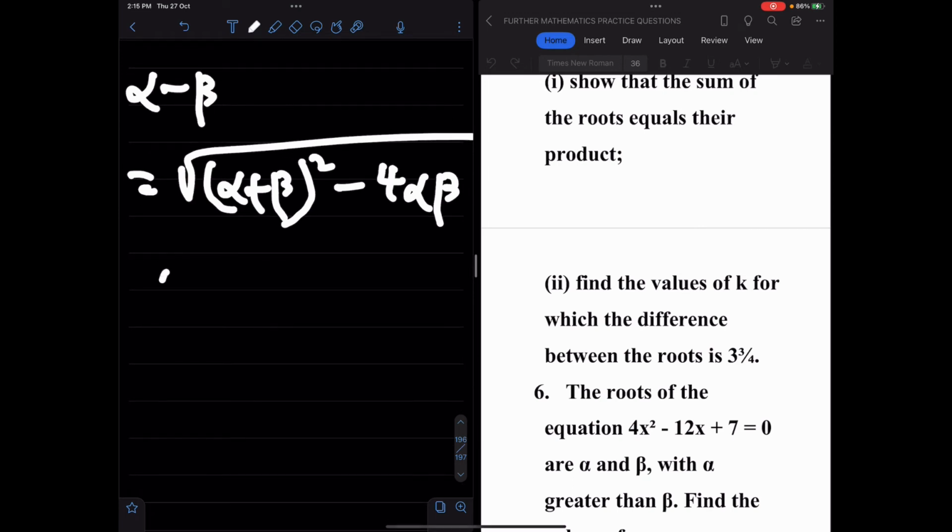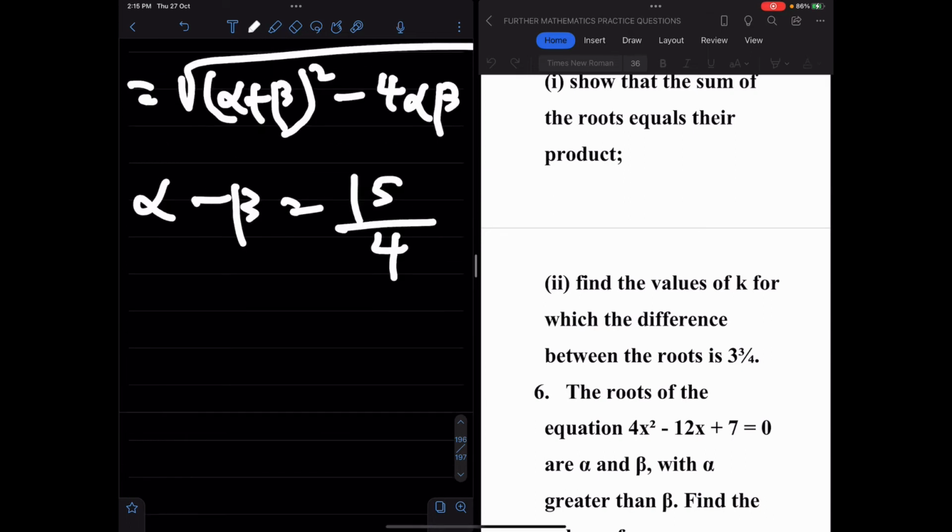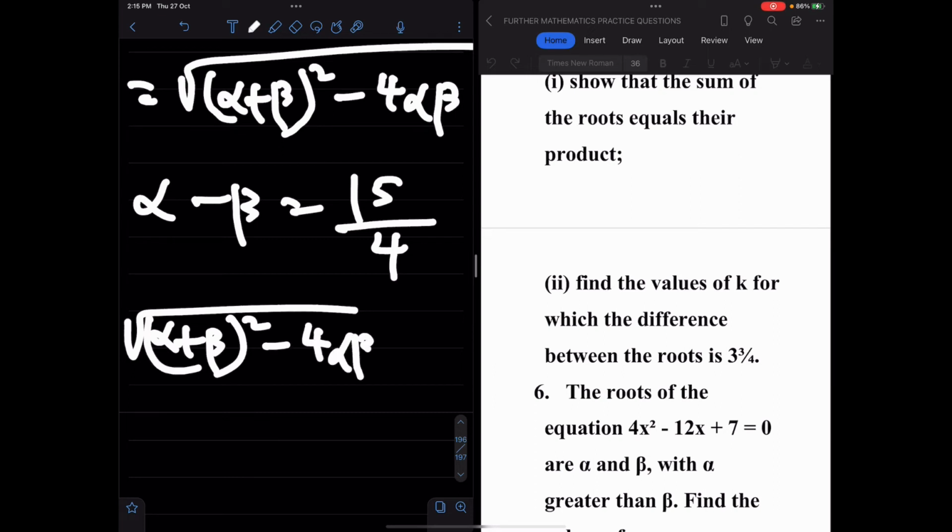Now, alpha minus beta is 3 over 3 over 4, which is 15 over 4. That simply means the square root of alpha plus beta all squared minus 4 alpha beta is equal to 15 over 4.